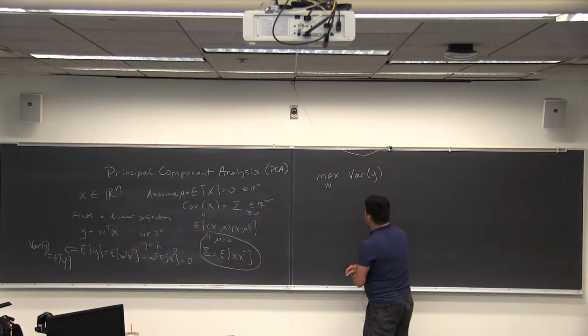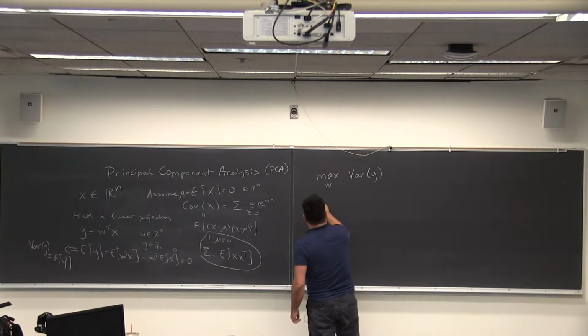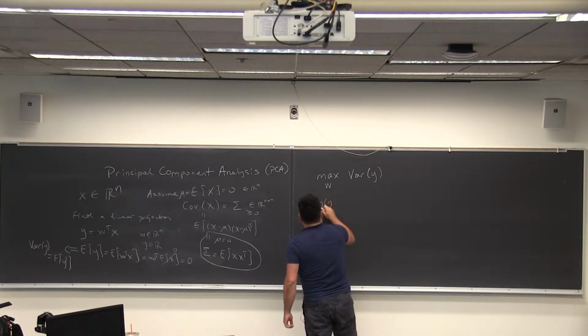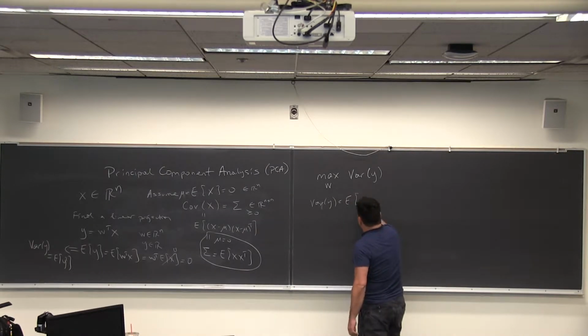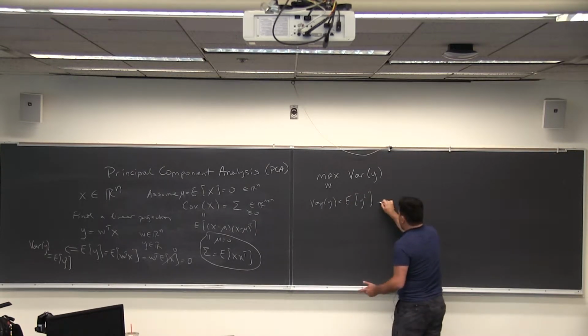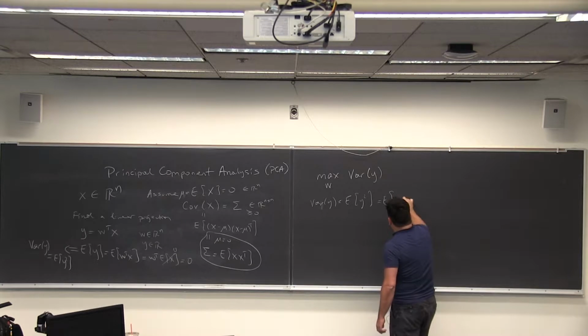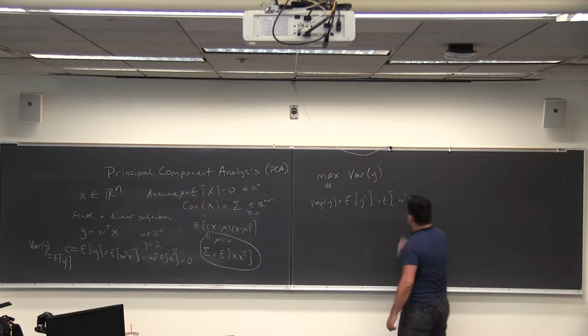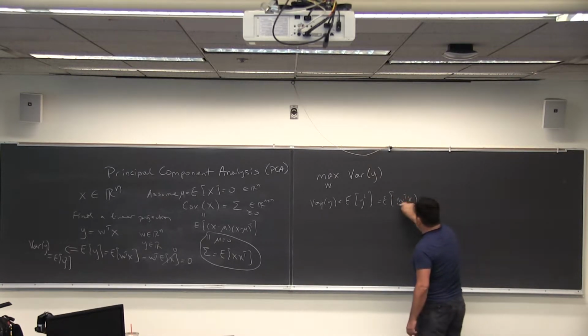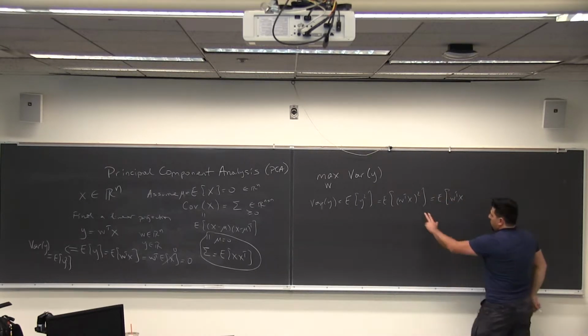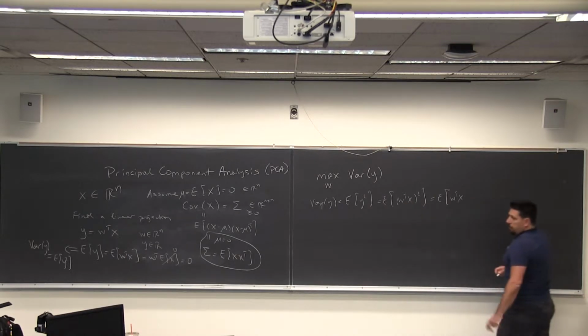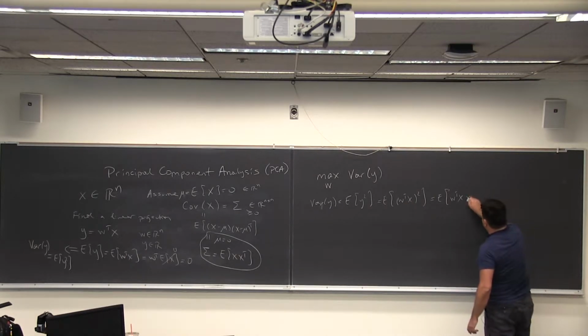But if you look at the variance of y, since it's zero mean, it's the expected value of y squared, which is the expected value of w transpose x squared, right? So if I write this explicitly, w transpose x, I'm going to multiply it with w transpose x again, but I'll flip the order.